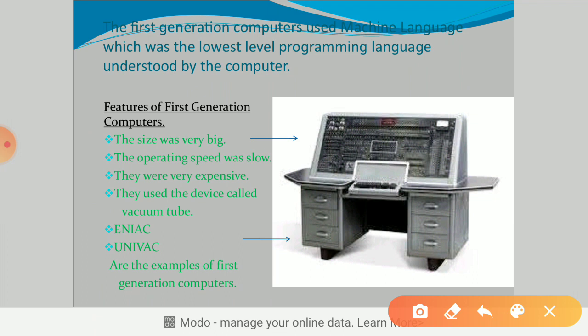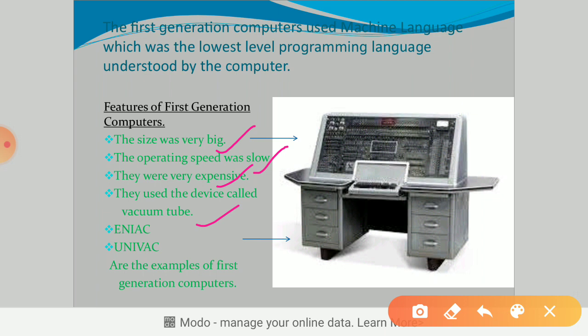So, what were the features of the first generation computers? The size was very big, the operating speed was slow, they were very expensive, and they used a device called the vacuum tube. ENIAC and UNIVAC are examples of first generation computers.